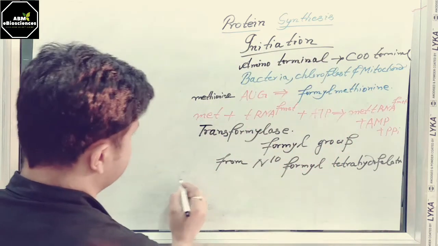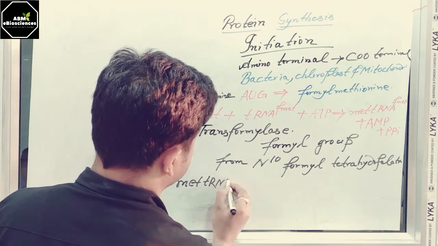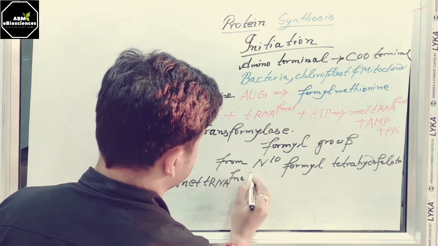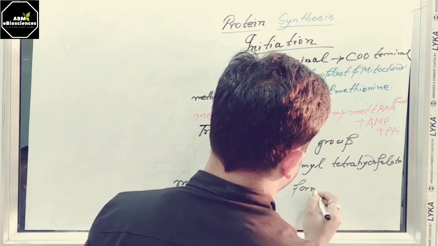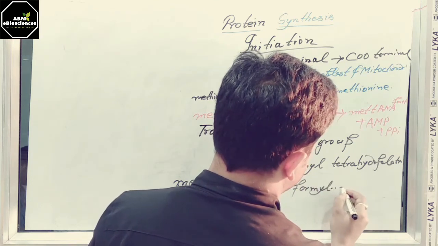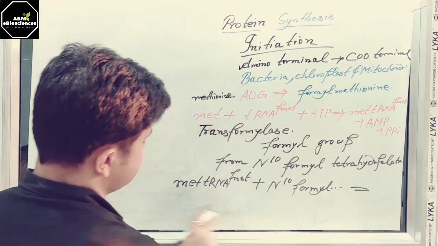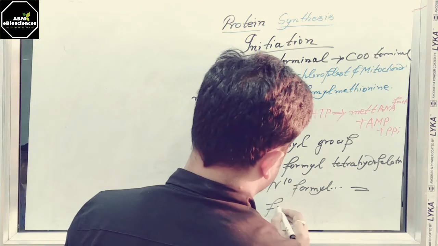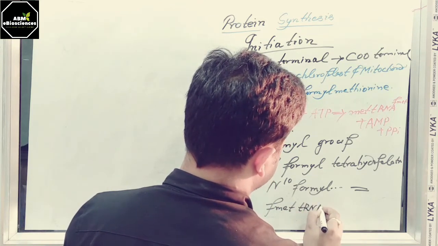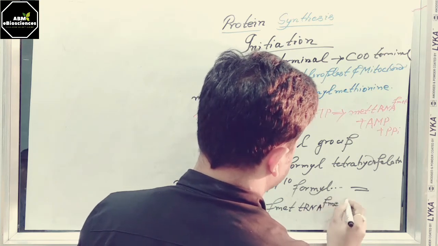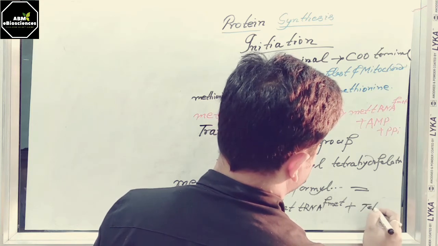Again, if I write an equation with Met-tRNA FMET plus N10 formyl tetrahydrofolate, I'm writing the full form, then this formyl group will be transferred to the methionine, that is, you get FMet-tRNA FMET plus tetrahydrofolate.